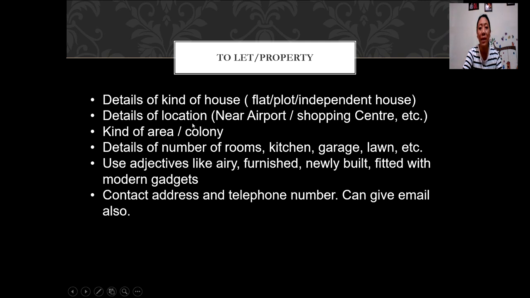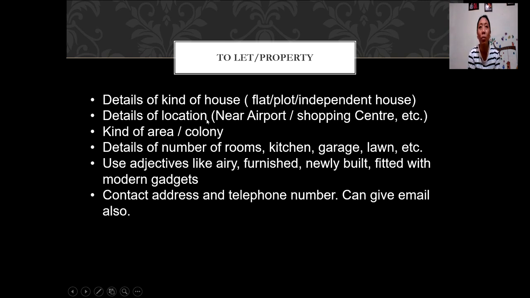Second one is details of location. So where is your house or your rented house located? Is it near the airport? Is it near a shopping center? And so on.